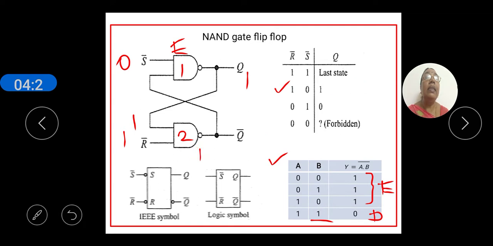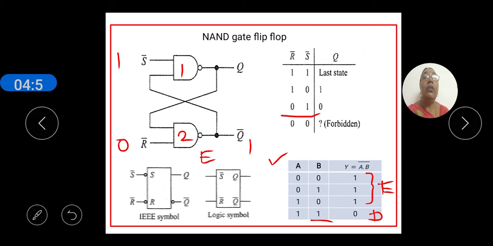Now come to the third case. The third case is R bar is 0, S bar is 1. So in the circuit R bar is 0, S bar is 1. So one of the inputs of the second NAND gate is 0. So we can immediately say that the second NAND gate is enabled. So the output Q bar is equal to 1.